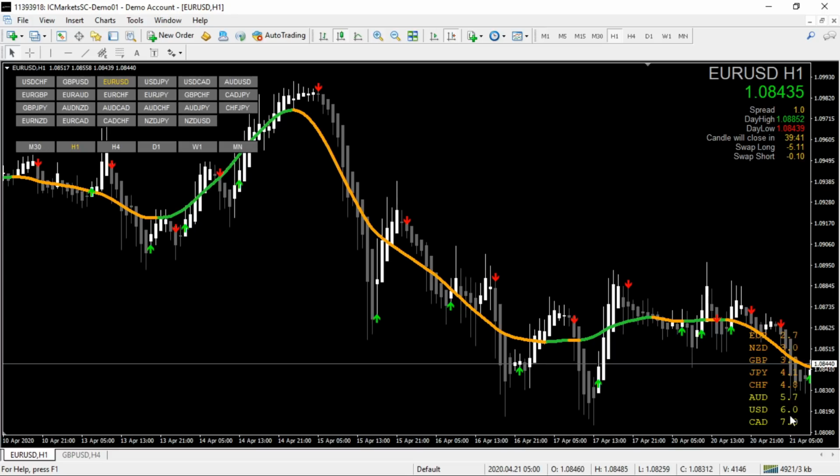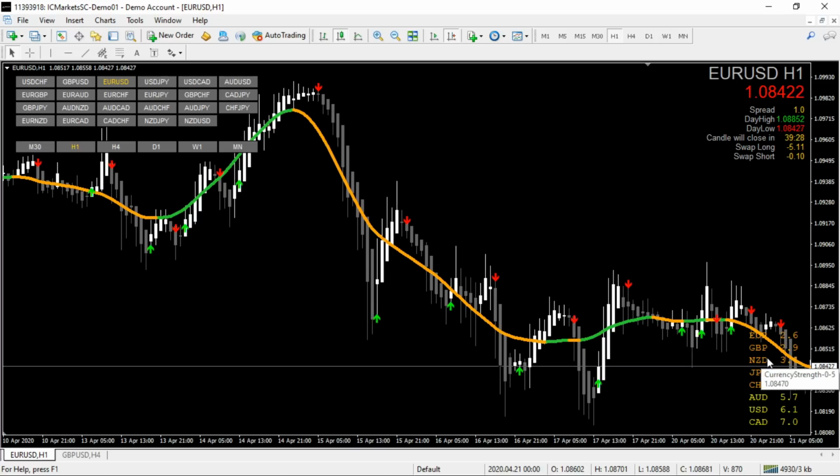That means the momentum or the strength has decreased, and at the same time the opposite currency has gained the momentum. Then that means there is going to be a trend reversal.